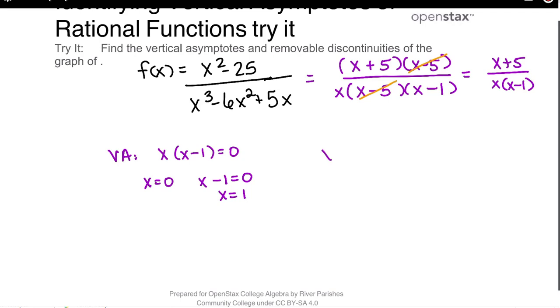Now, because the x minus 5 was in the denominator and it is excluded, x equals positive 5 is excluded in the domain. That means at x equals 5, at that exclusion in the domain, that is a removable discontinuity, which means there's a hole in the graph at that point, or at that x.